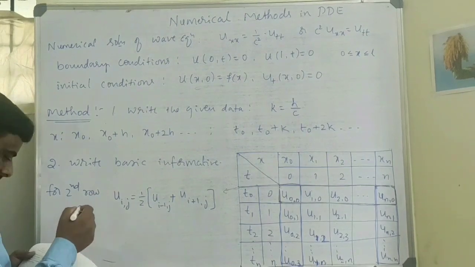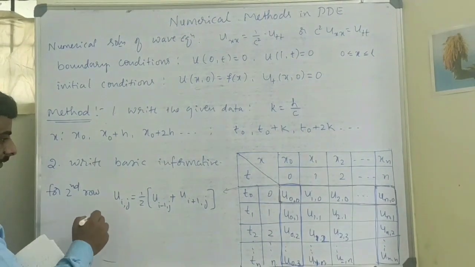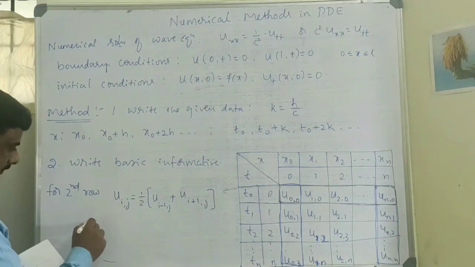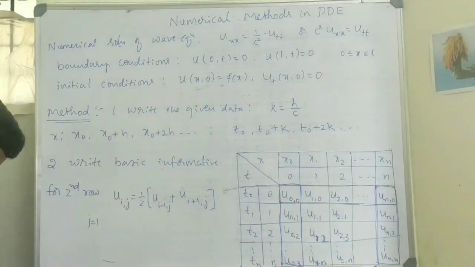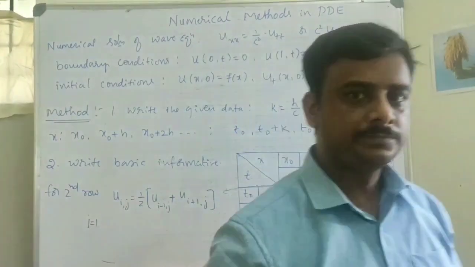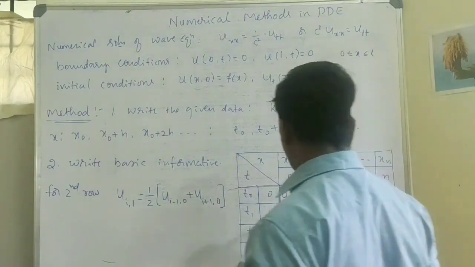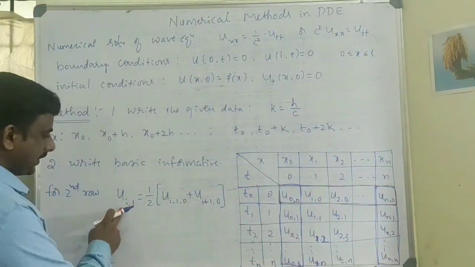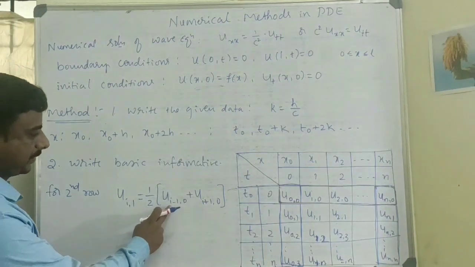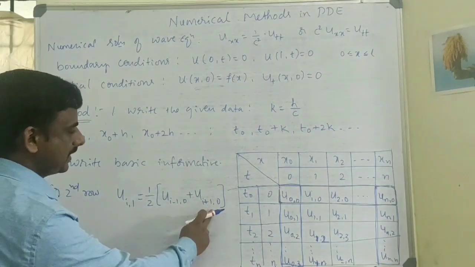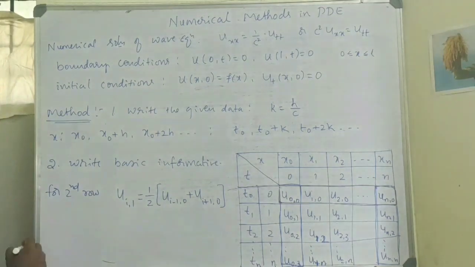If you take j equal to 1, to find entries in second row, I have to use the formula u i,1 equal to 1 by 2 into u i minus 1,0 plus u i plus 1,0.